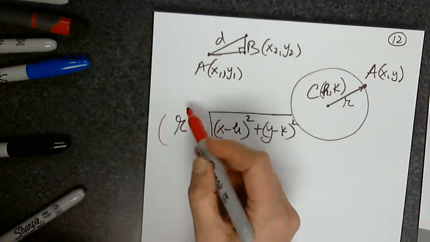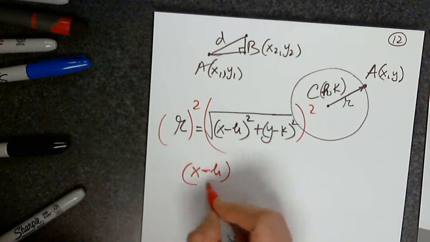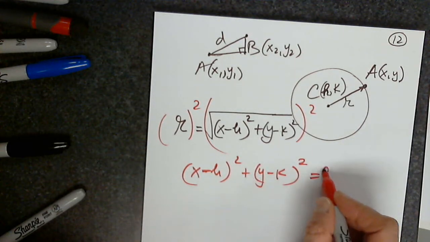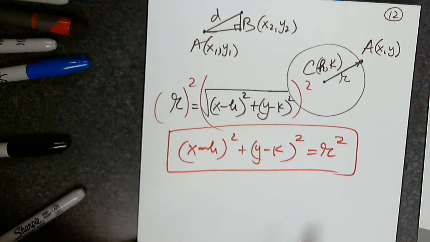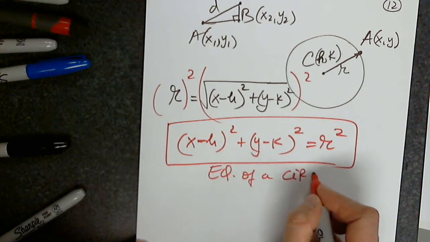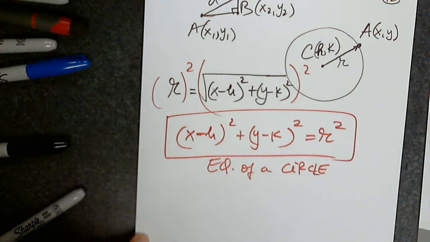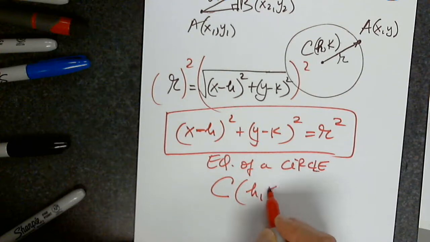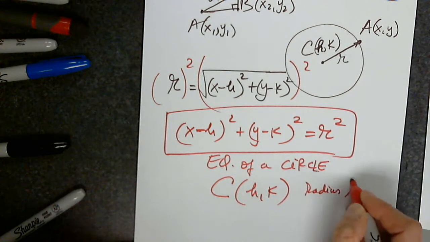Exactly. So I square this and I square this, and I get x minus h squared plus y minus k squared equals r squared. This is the equation of the circle, the equation of a circle with center h comma k and the radius r.